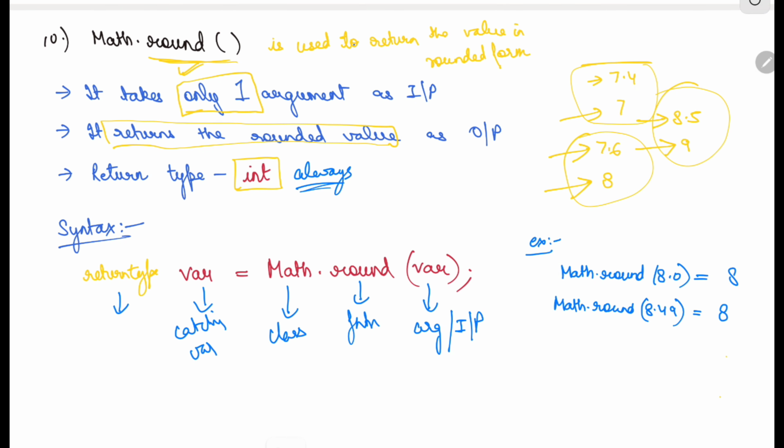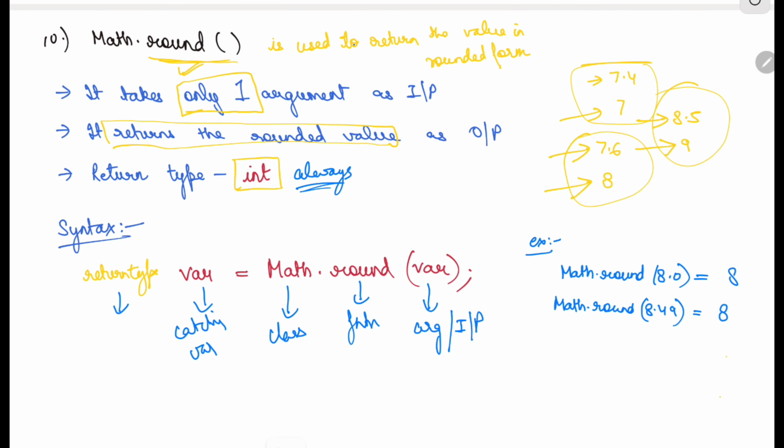The last function that we will study under the mathematical library class is math.random. This is the simplest method of the math class. It is just used to print a random value between 0 and 1.